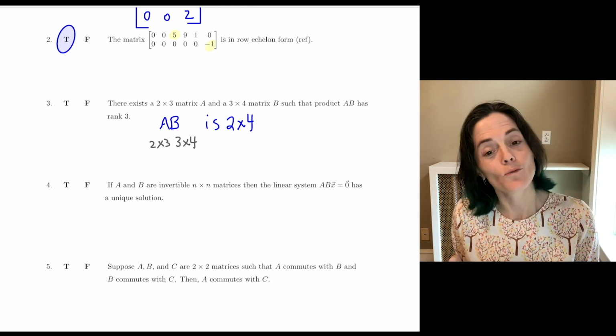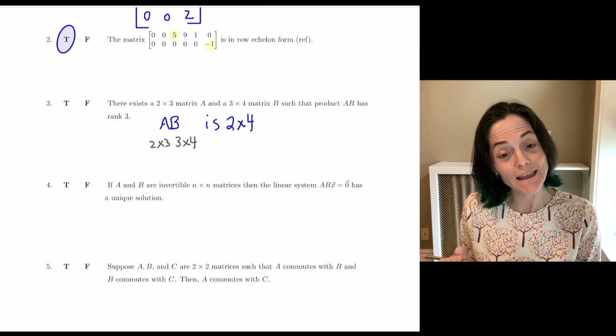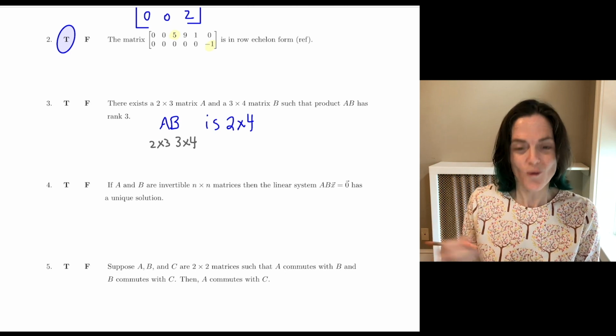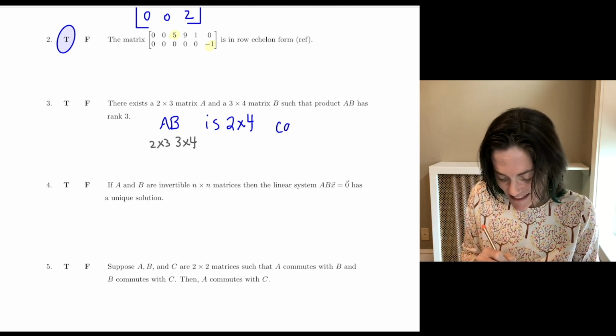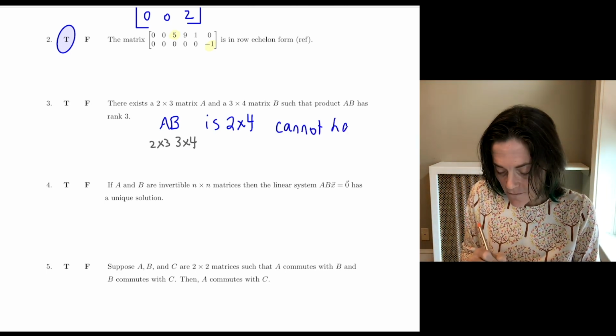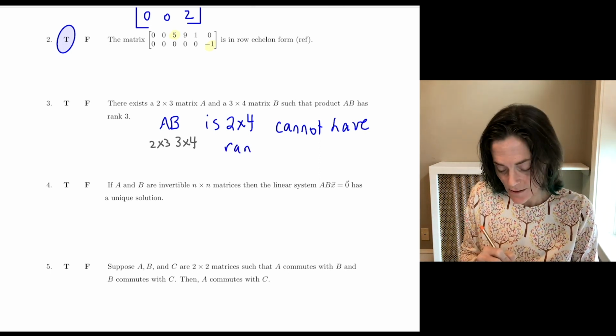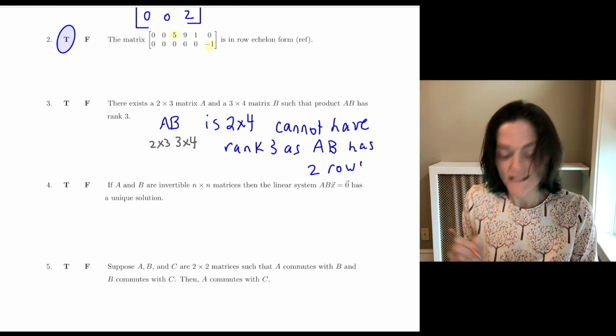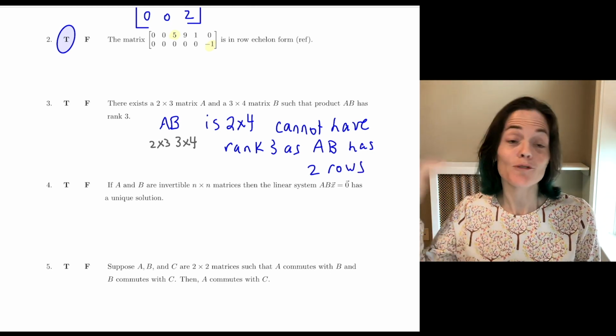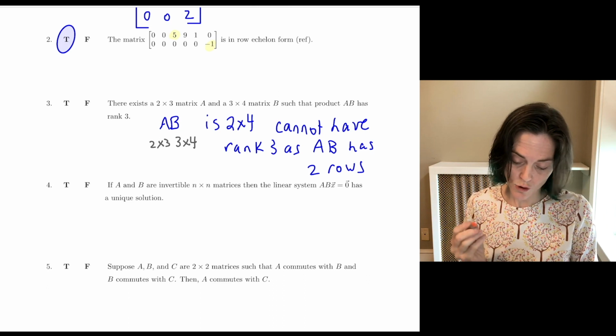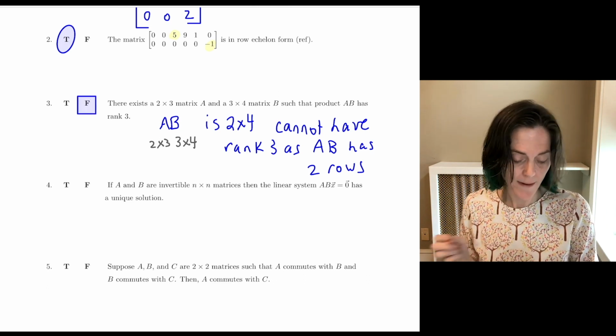Now, can we have a 2 by 4 matrix with rank 3? No. So this cannot have rank 3 because we only have 2 rows. It's not enough rows to have a leading 1 in every row of its reduced row echelon form. So this is a false question.